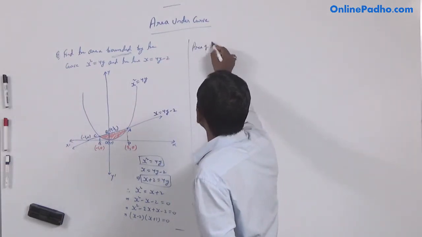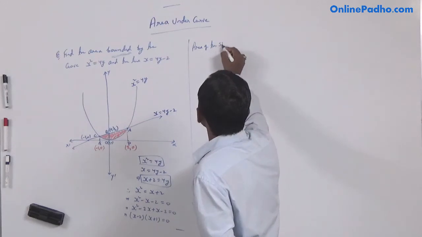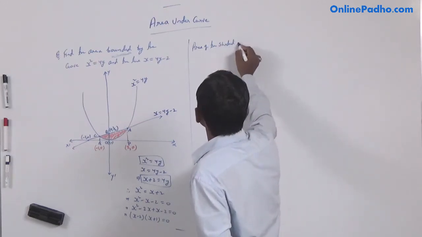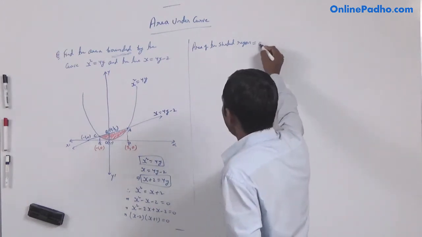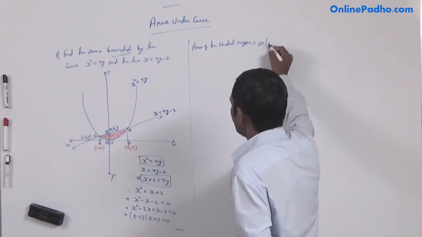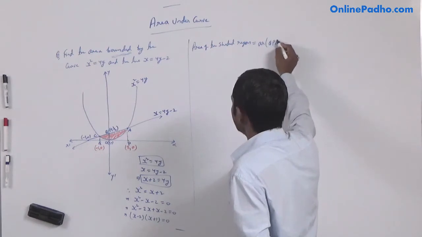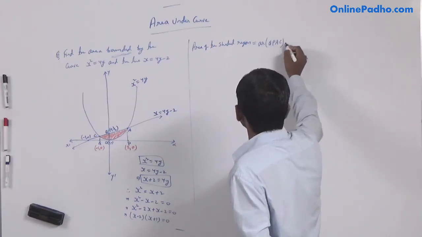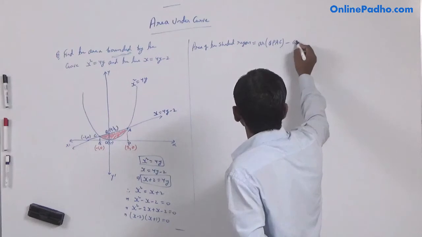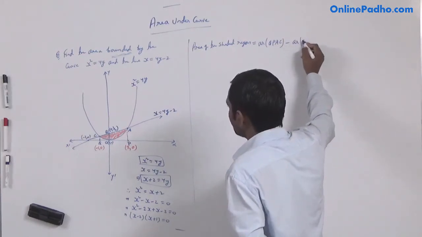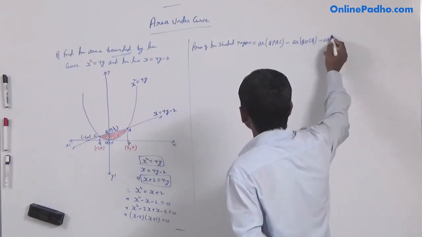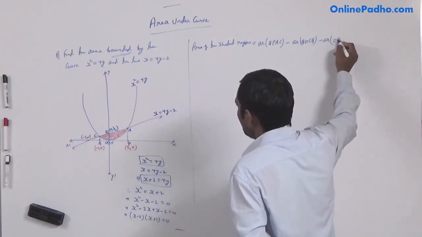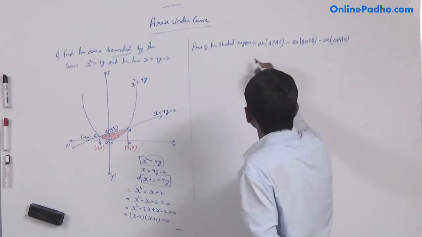The area of the shaded region can be written as the area of the complete quadrilateral QPAC minus the area under curve QOCQ and minus the area of OPAO, right?